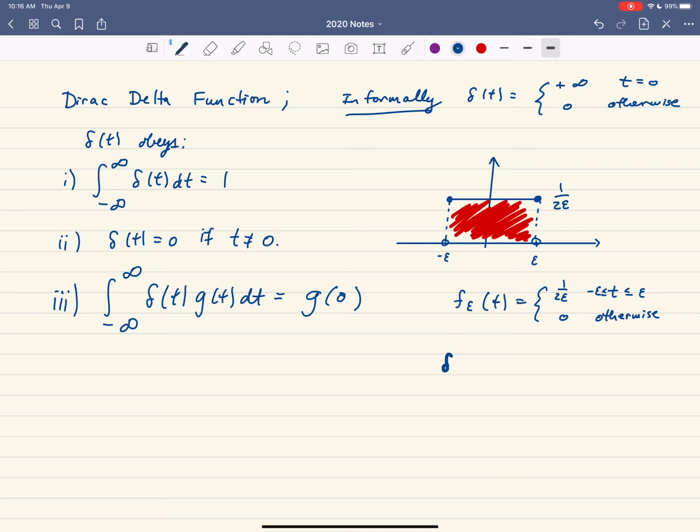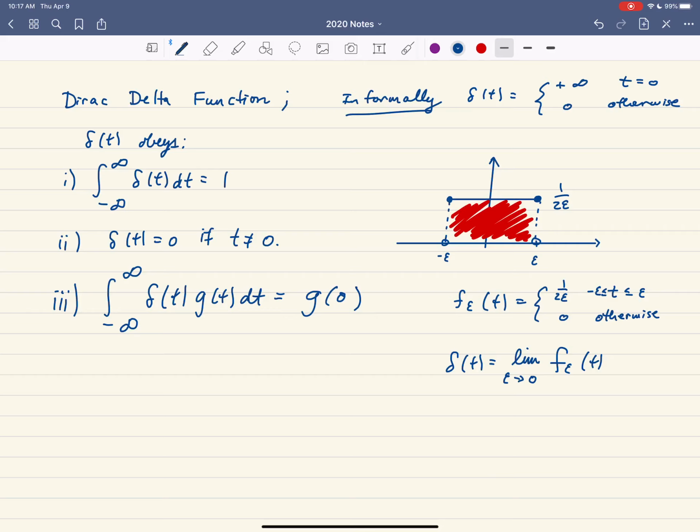So we're going to think of delta of t as the limit of f sub epsilon of t as epsilon goes to 0. And think about what's going to happen. If I shorten the horizontal distance here, this height is going to be taller, because 1 over 2 epsilon goes to infinity as epsilon goes to 0.